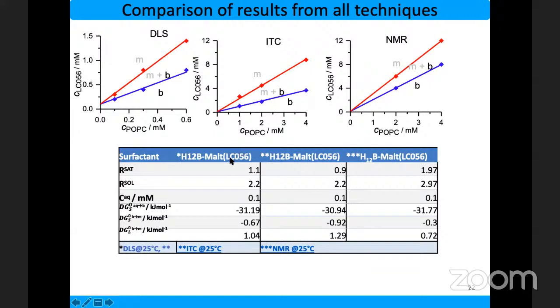Here, we observe that the results are comparable, as the saturation point and the solubilization points are comparable. So from this, we authenticate that the solubilization process of this particular surfactant occurred in a 3-stage phase transition.